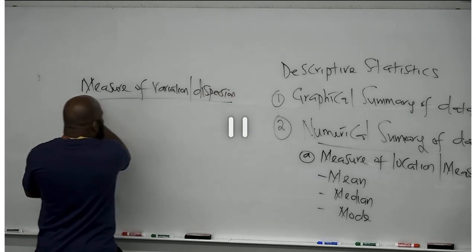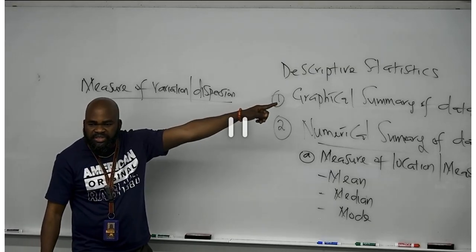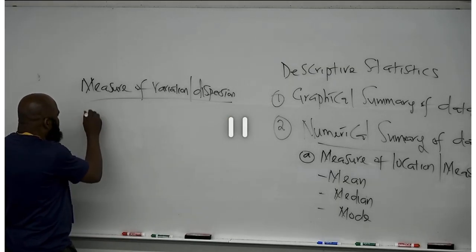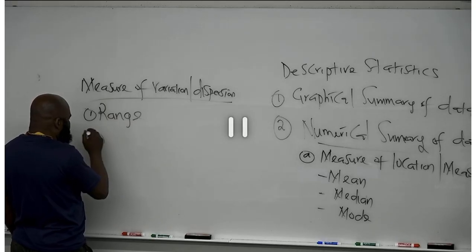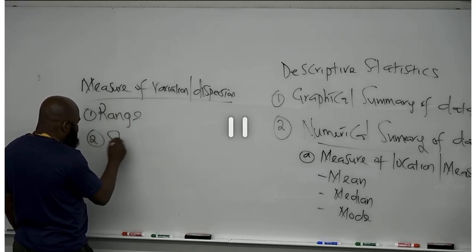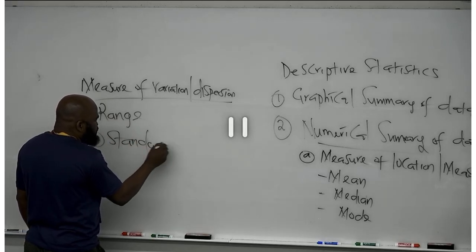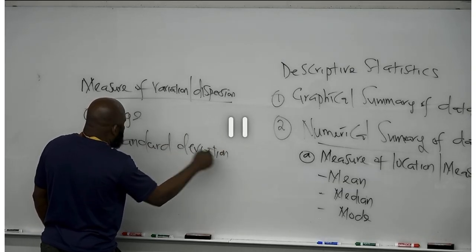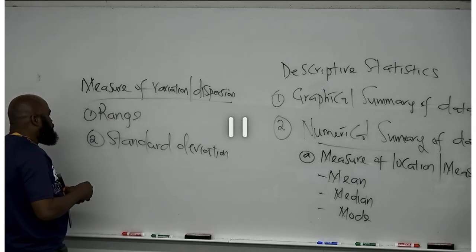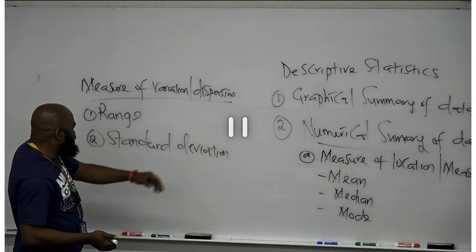That's another measure within descriptive statistics. I know you've heard about range. We also have what we call standard deviation. So you have a range, you have a standard deviation.